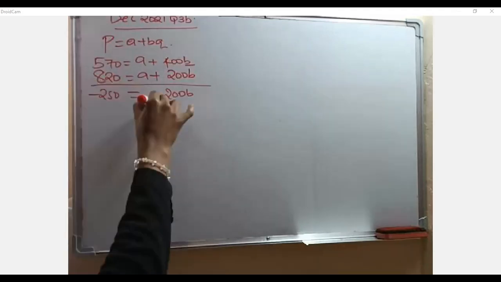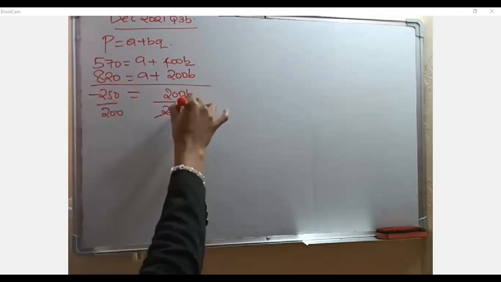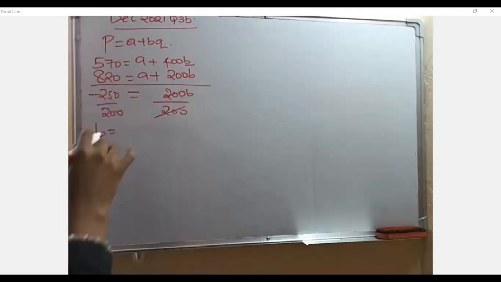Divide both sides by 200. So B is equal to negative 1.25. Very good. Then you substitute.